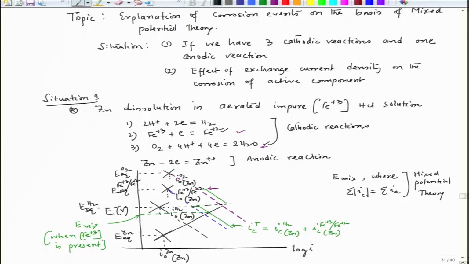So, if I change this line a little shallow, I have changed the slope a little bit, so that I can have the effect of hydrogen polarization also. In that case this line will have to be changed.